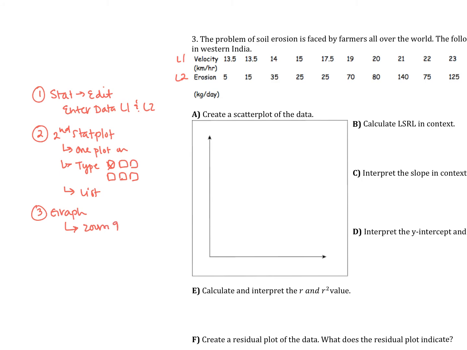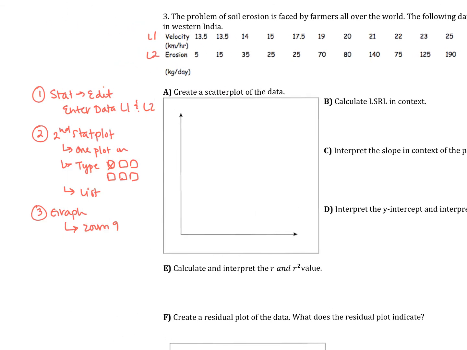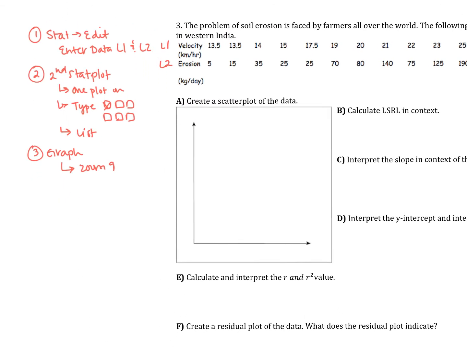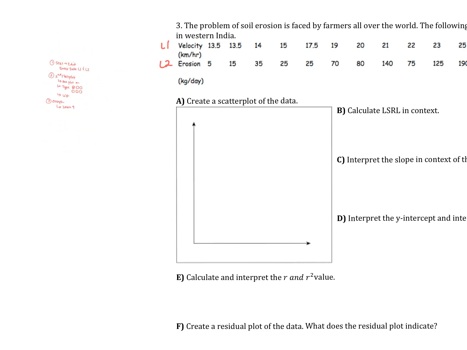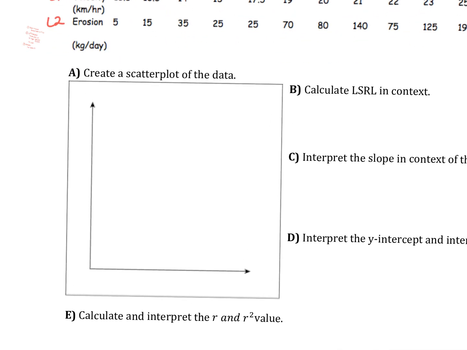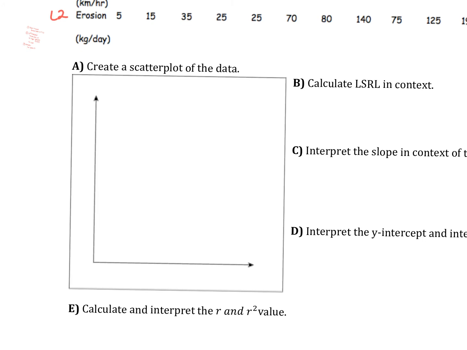All right. And you want to label everything up appropriately on your graph. I'm going to move this out of the way if you don't need it anymore. Okay, so we're going to have velocity, which is in list 1.